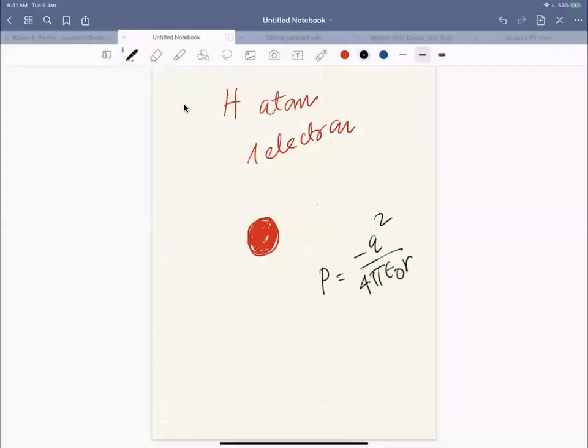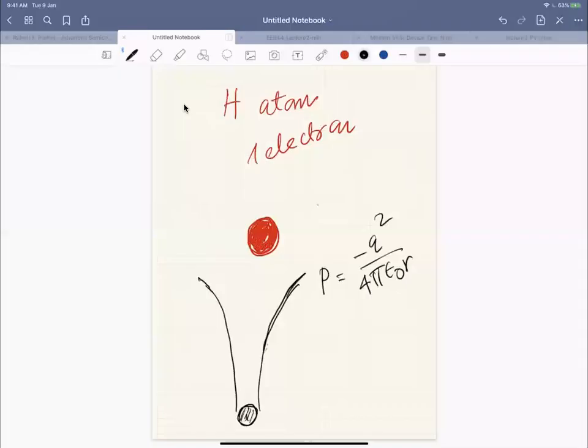If you draw it for an atom, your potential energy looks like this, right? If the atom is here, when you go very close to the atom, the potential energy is very high, right? If you go far from the atom, the potential energy decreases. Somehow it looks like this, right?